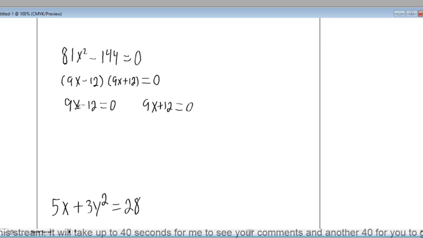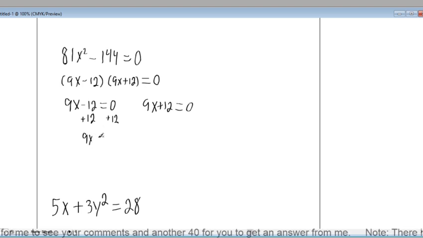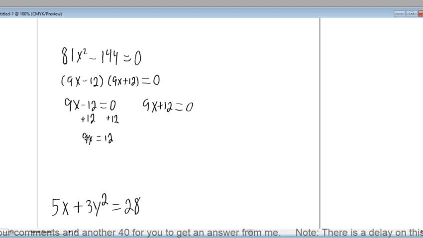Okay, so let's tackle this one. We need to add 12 to both sides. That gives us 9x equals 12. Then divide by 9 on both sides.